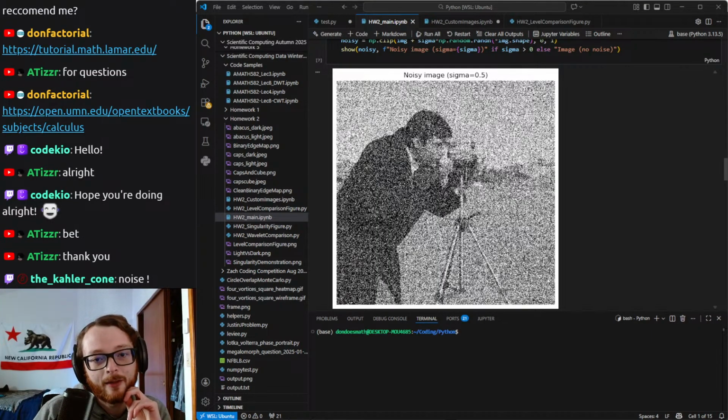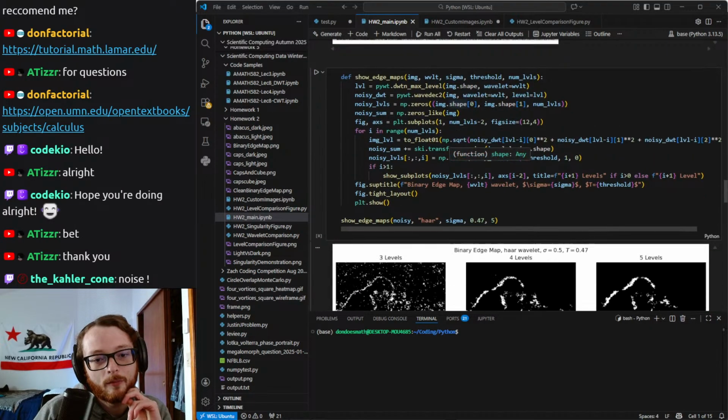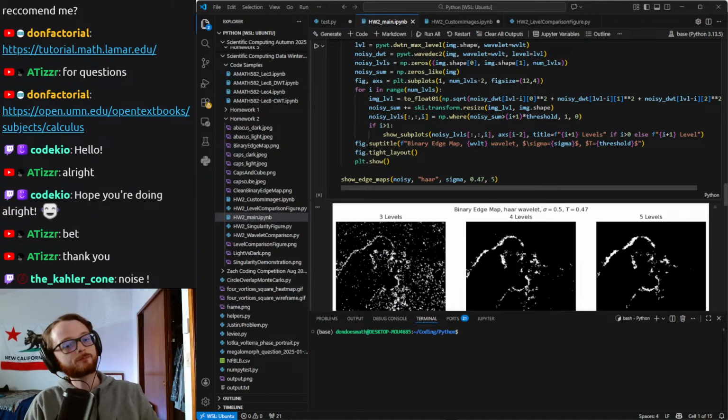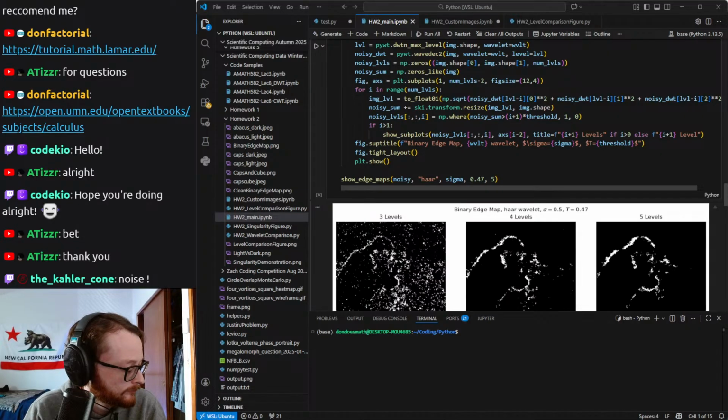I was doing everything at the highest level they asked for, but I need to actually make one at each of the 3 different levels.